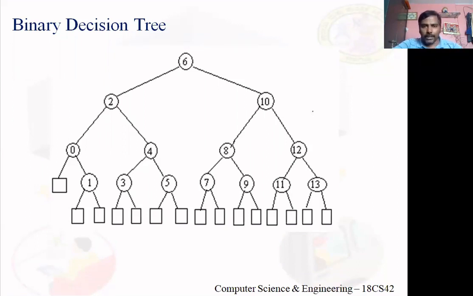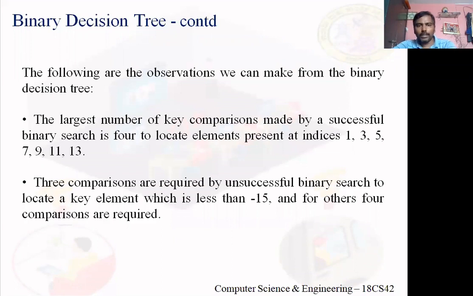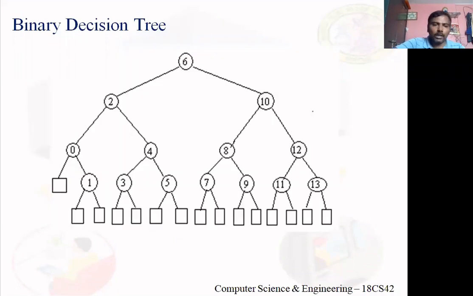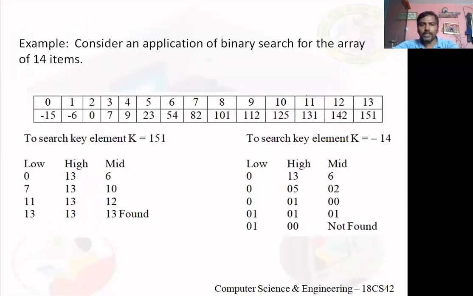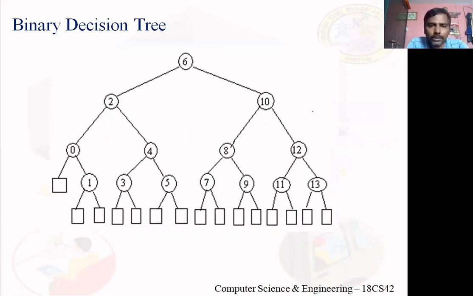Everyone is clear, right? So now the question is: can you tell me which elements will take the maximum number of comparisons to search, for a successful search? You will be asked to list those elements in this array. You have this decision tree, right?